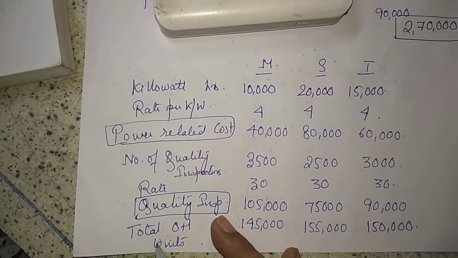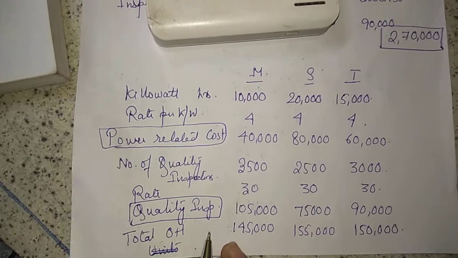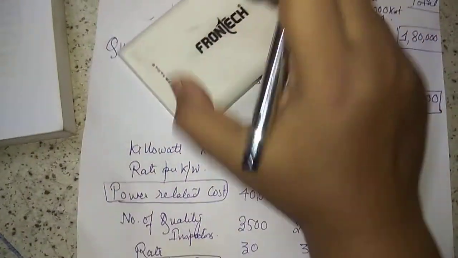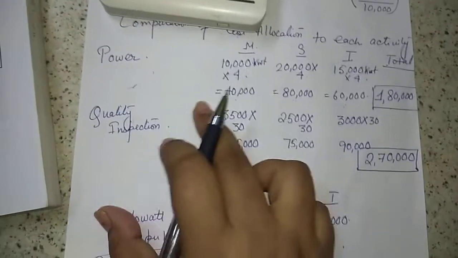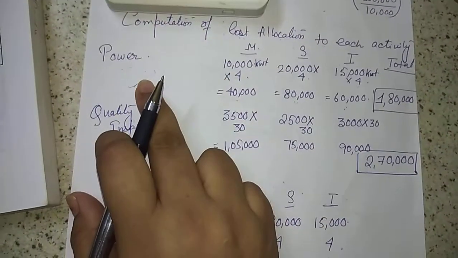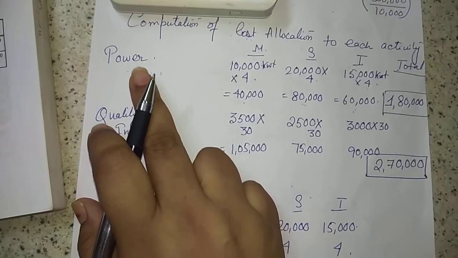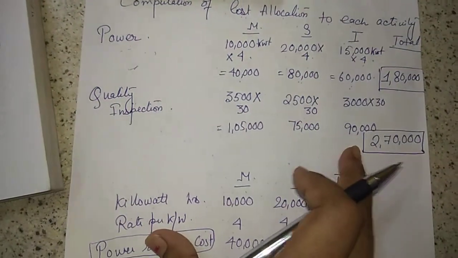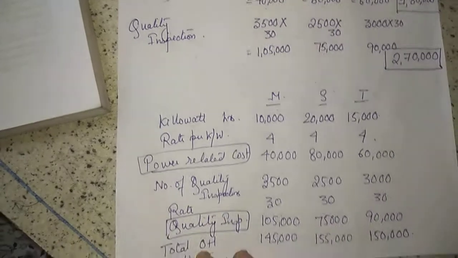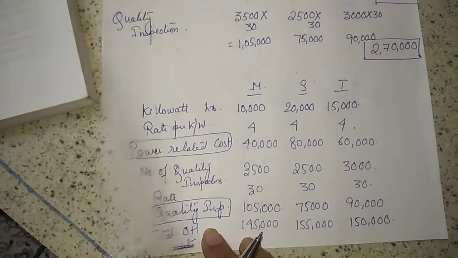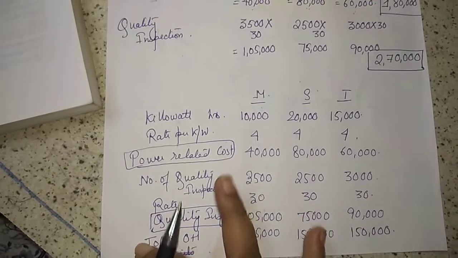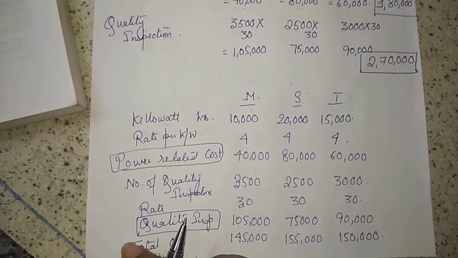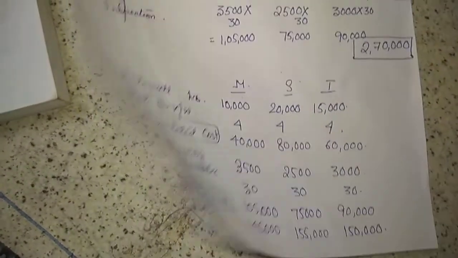Since the number of units produced is not given, we cannot find out the overhead rate per unit, but we can find out the total overhead allocated to each activity. Power 1,80,000, quality inspection 2,70,000. Here we are finding out the total overhead allocated to each activity. Hopefully the sum is clear. Thank you.